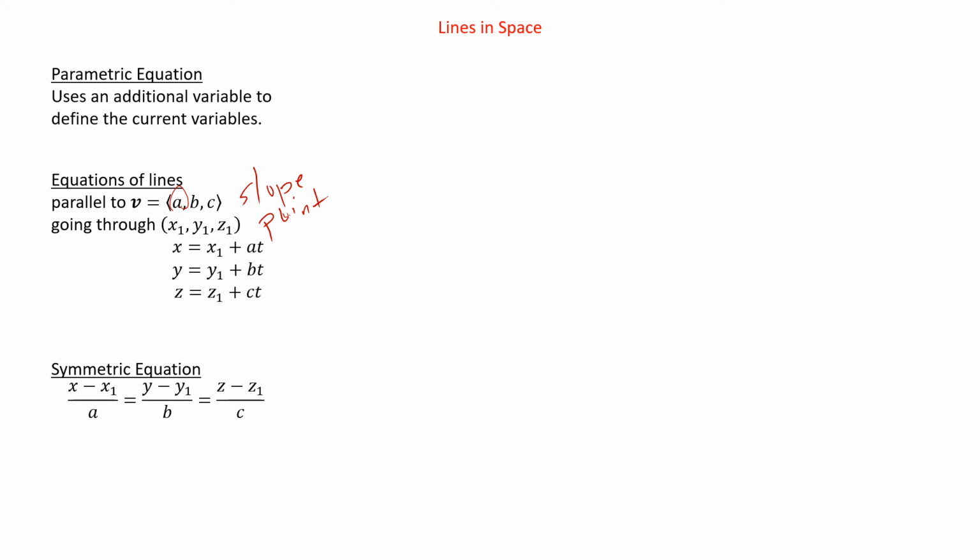So let's find the equation of a line. Now, if we have parallel to v, like we have our vector, we have our point, you just plug it in. That's boring. Let's do a line through 2 points. Let's do a line in space through the point 1, 3, -4, and -2, 7, 1.